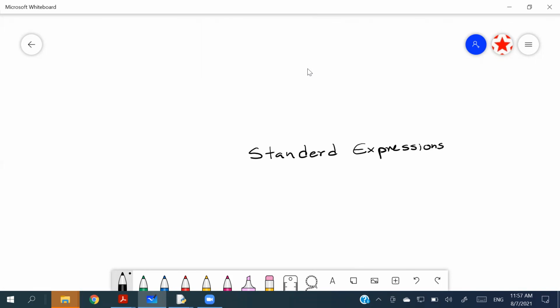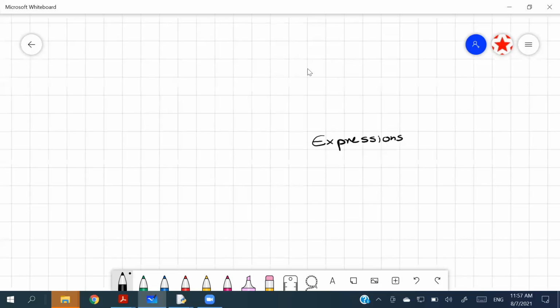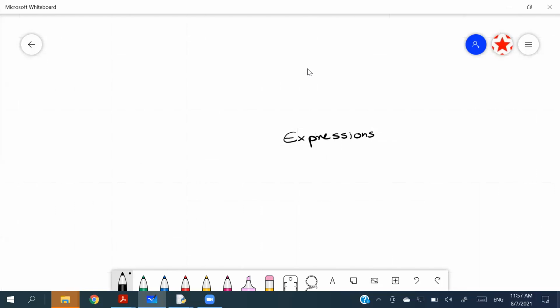Hold on, people. Yeah, it's better we say expressions, not the standard one. Later we are going to talk about the standard. So there are two types of expressions. People, just give me a second.